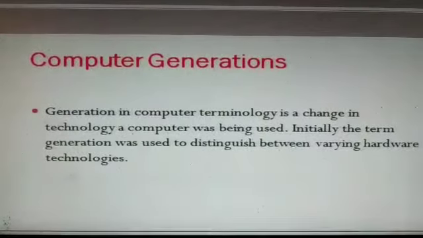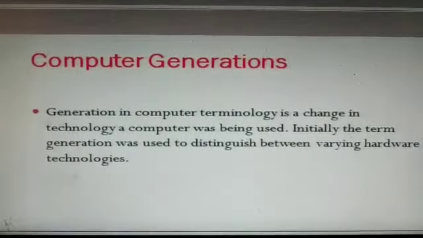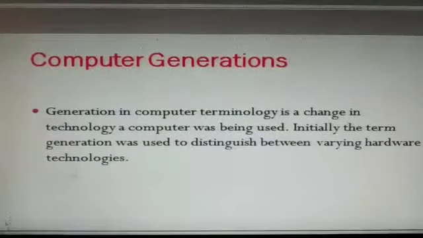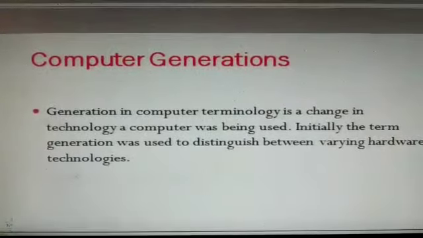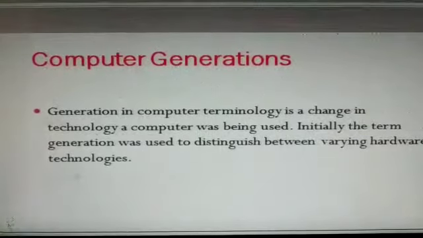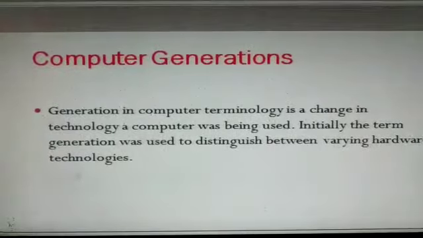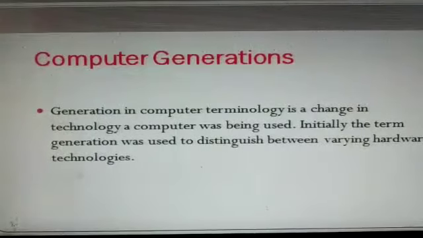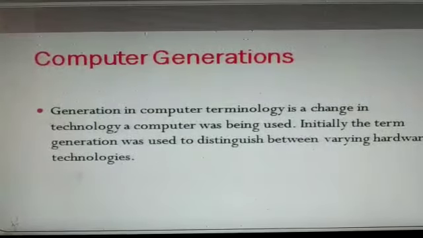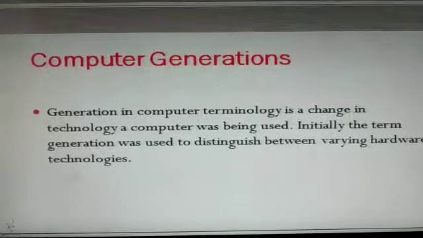In this chapter students, first we will discuss computer generation. Generation in computer terminology is a change in technology a computer was being used. Initially, the term generation was used to distinguish between varying hardware technologies.